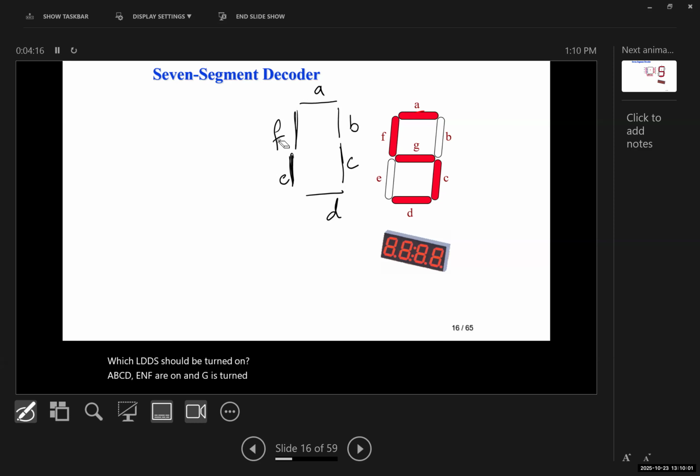What if I want to show 3? If I want to show 3, I would show it like this. So A, B, C, D are turned on, E and F are turned off, and G is turned on. So A, B, C, D, and G are turned on. And it shows 3.